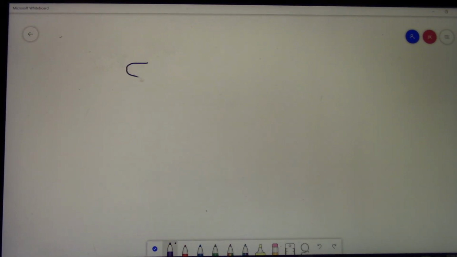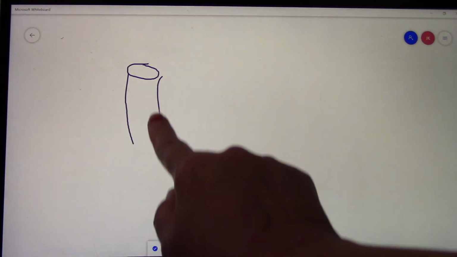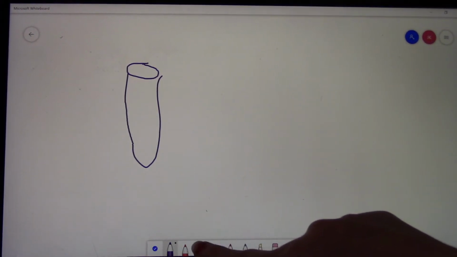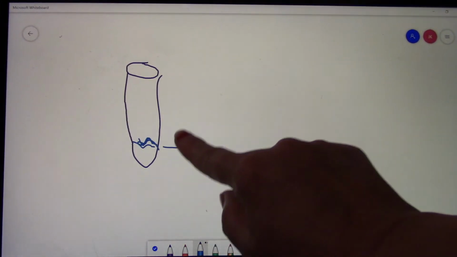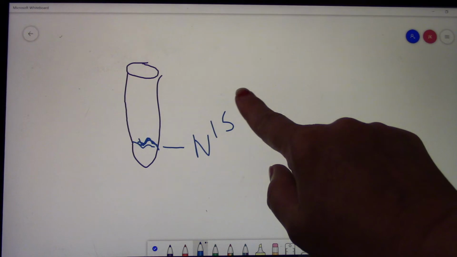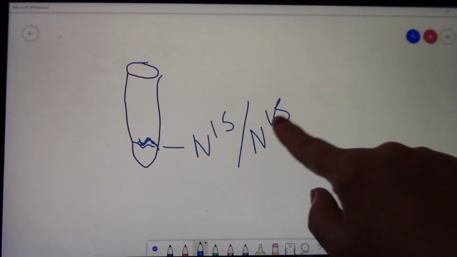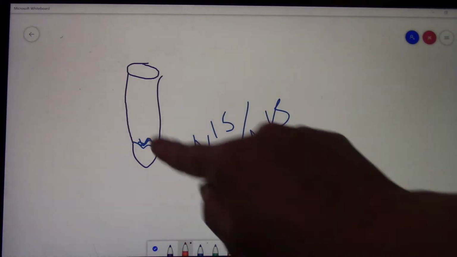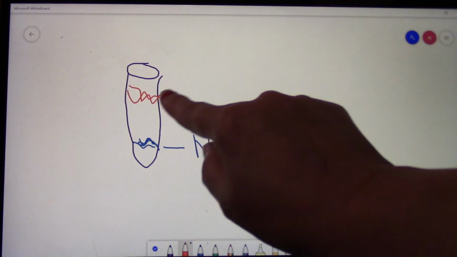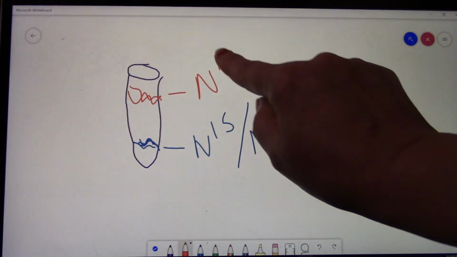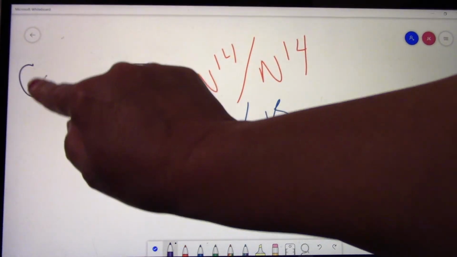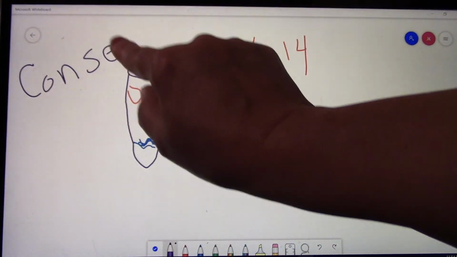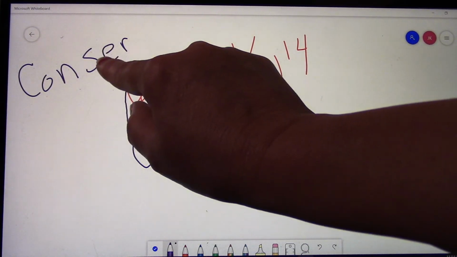So I've got my test tube, and I've got my nitrogen 15 band, and then I've got my lighter band up here, which is nitrogen 14, and this would be conservative replication.